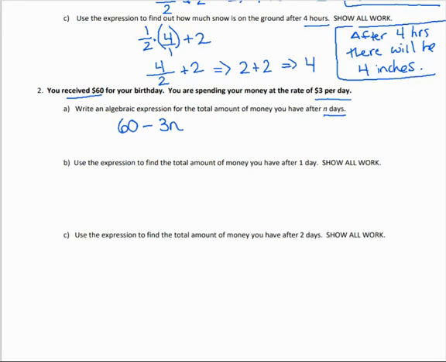All right, so now for part B, use the expression to figure out how much money you have after 1 day. So we're going to take that 1 and plug it in for N. So we'll have 60 minus 3 times 1 day. Use our order of operations, right? We have to multiply first. So this will be 60 minus 3, and 60 minus 3 is 57.